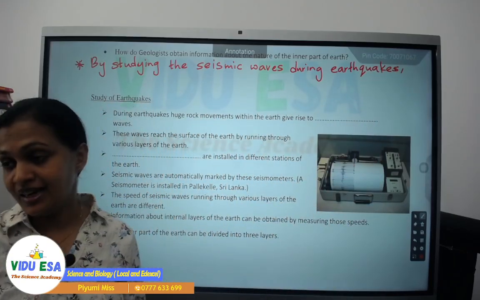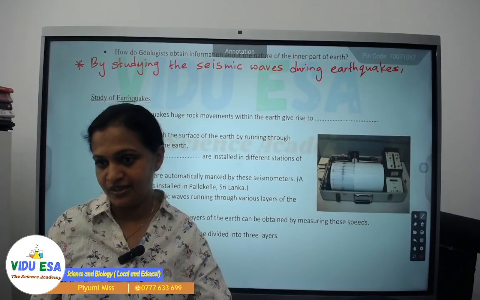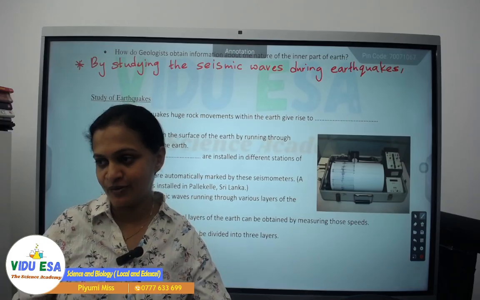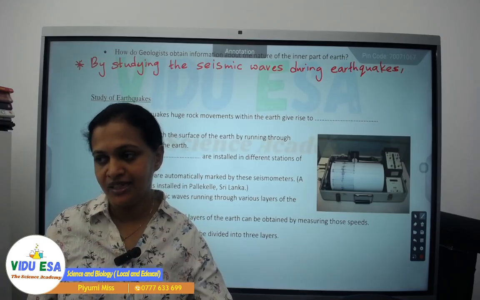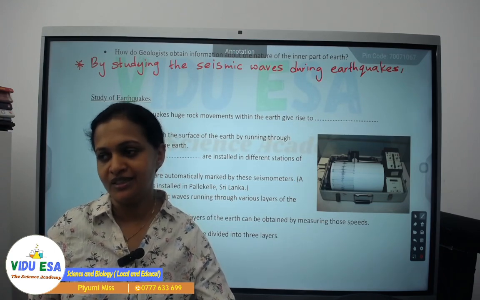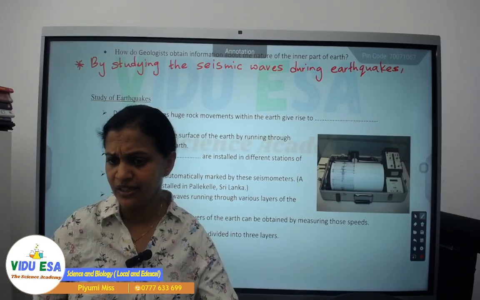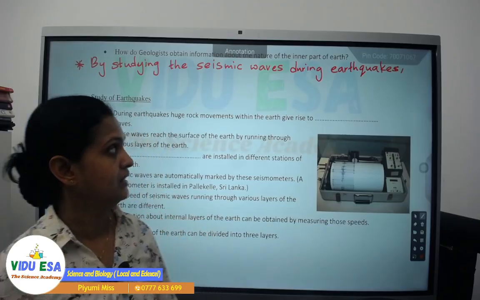And in addition to that, during a volcanic eruption, the lava is flowing along the surface of the earth. Actually that is magma coming out from the earth, and once it is on the surface of the earth, we call it lava.